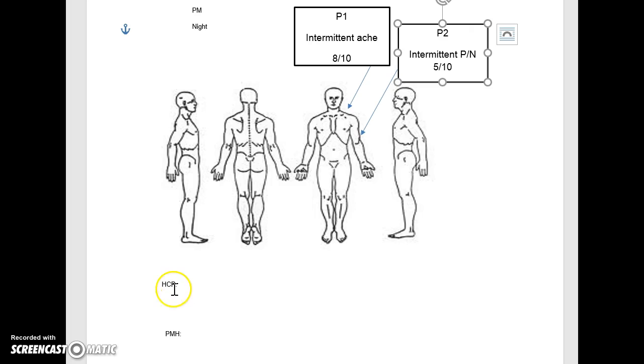So here I'm describing the symptoms in more detail. PMH, which is past medical history, any kind of medical problems the patient had before, or any other details related to this specific problem.